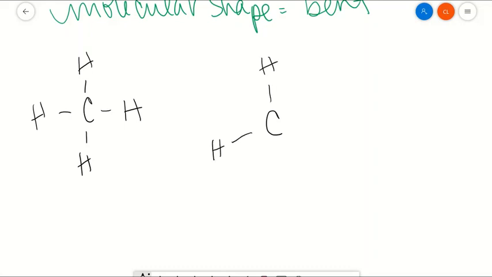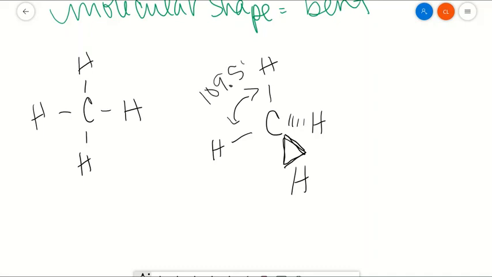So these two would be like this, but then one of them would be coming out at you from the board. So that would be drawn with this wedge here. And then one of them would be going back into the board. So you do these dash lines. And this kind of represents what's coming at you and what's going back. And then these are all 109.5.